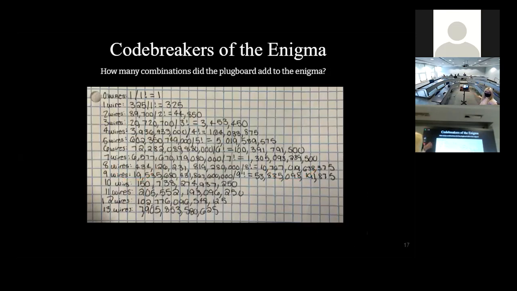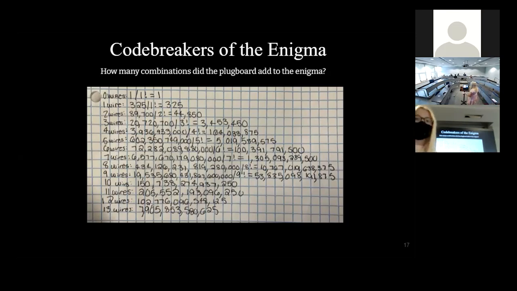So you have to do some dividing. Let's say you have 2 wires, you take 89,700, because we figured out a moment ago that's how many combinations there are for 2 wires, and divide that by 2 factorial, which gives 44,850, and you just continue that. So you divide by the number of wires factorial.